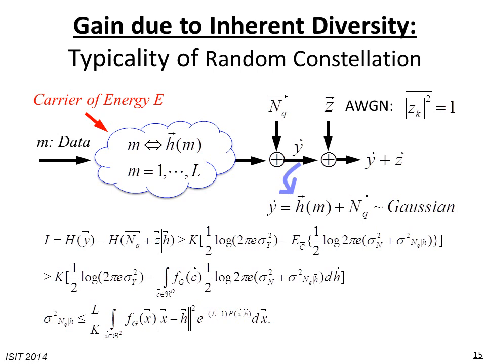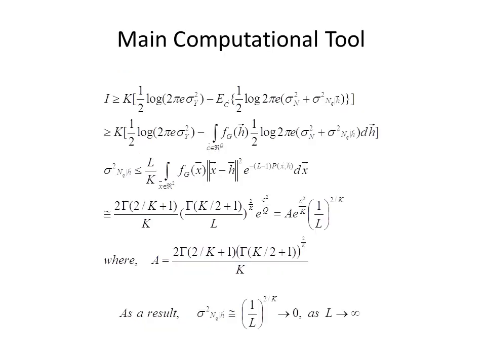But at the end of the day, the conclusion we would like to draw is that the variance of this additional noise, sigma square of NQ conditioned on H, tends to 0. Consequently, I will get the same capacity that random coding over an AWGN channel would give.